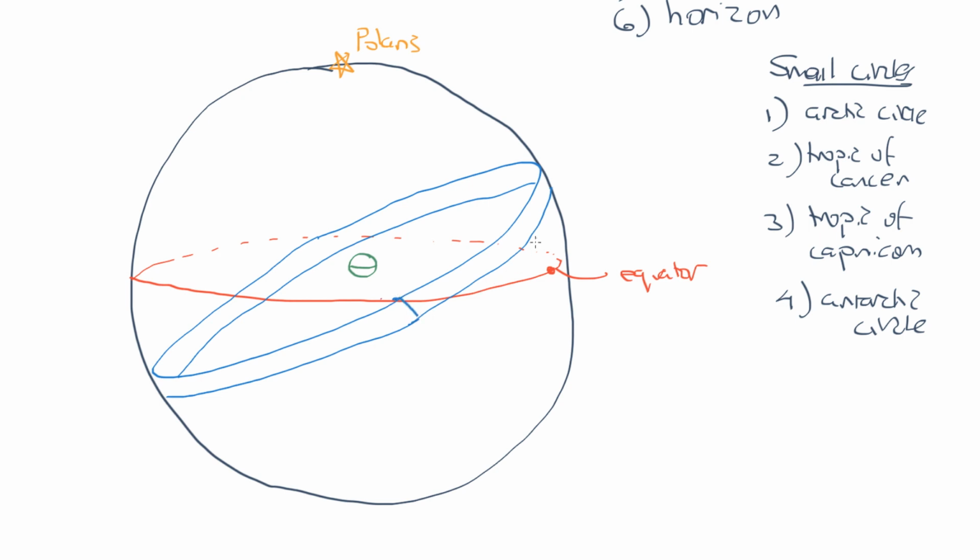And as he mentions, this is divided into 12 equal parts, and I will go ahead and label them by the constellations that populate the various regions of the zodiac. So this point right here, where the zodiac intersects the equator, that is the first point of Aries, right here. So there's Aries.